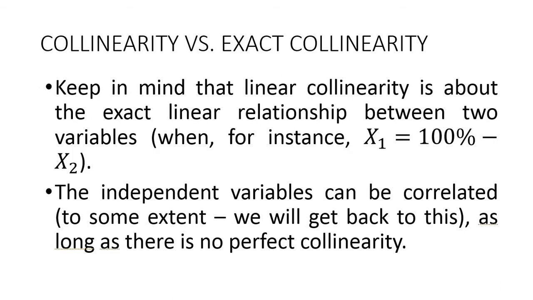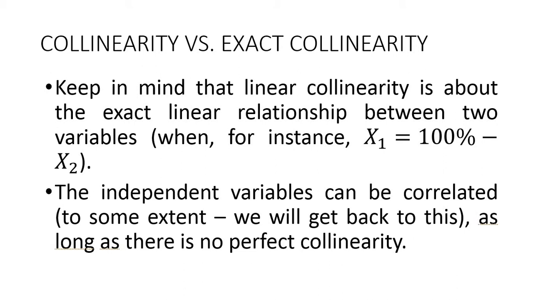So there is a short note on collinearity and exact collinearity. Please keep in mind that exact collinearity occurs when there is exact linear relationship between two variables. So for instance, proportion of females in population is equal to 100% minus proportion of males in population.